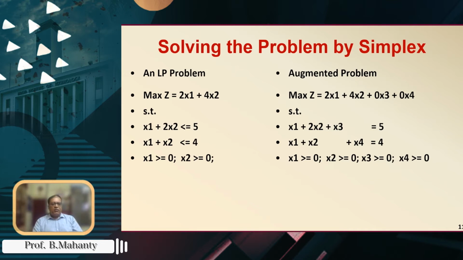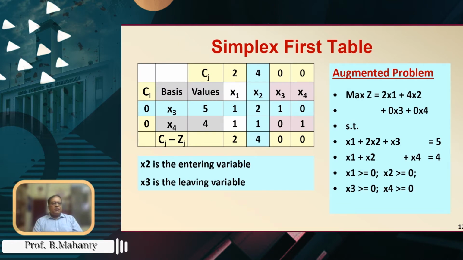We have already seen the augmented problem previously. So here is the simplex first table. In the first table, x3 and x4 are in the basis, and these are the values 5 and 4. The x1 and x2 coefficients are here. The Cj values are 2 and 4 because this is the objective function.